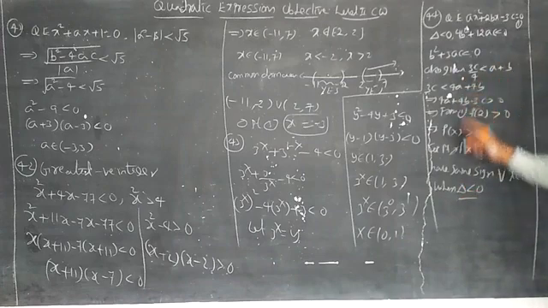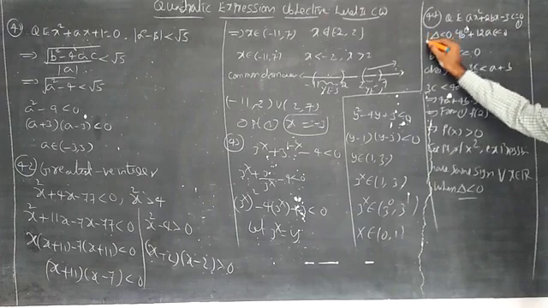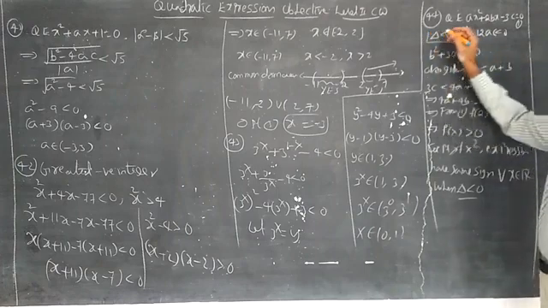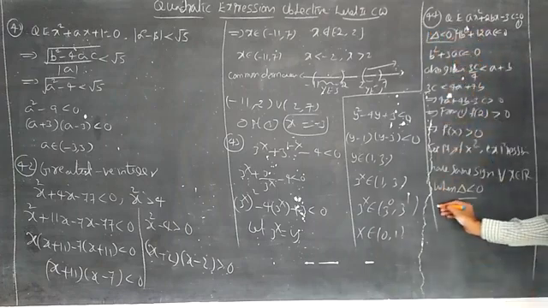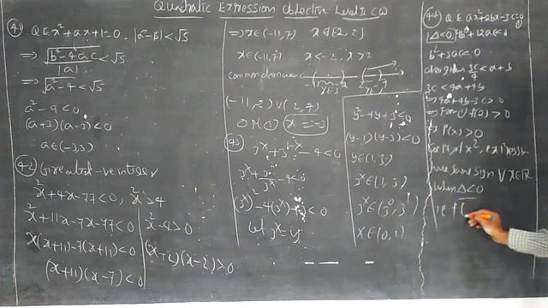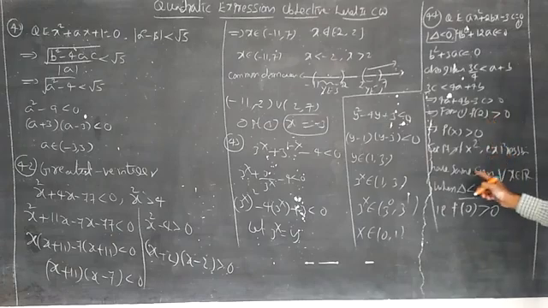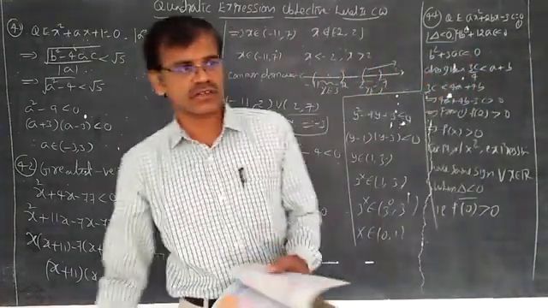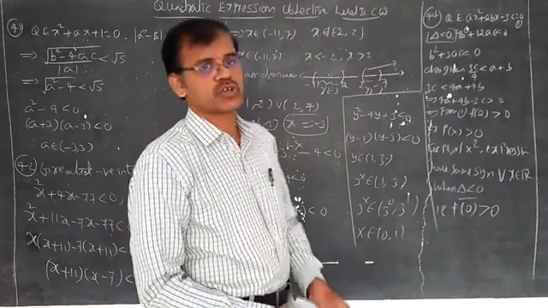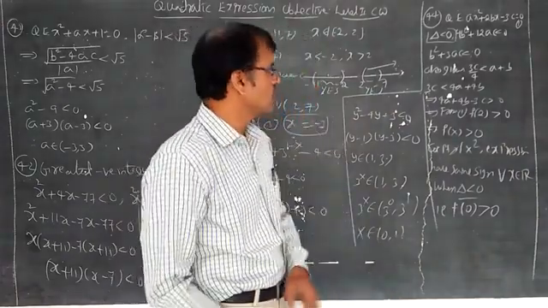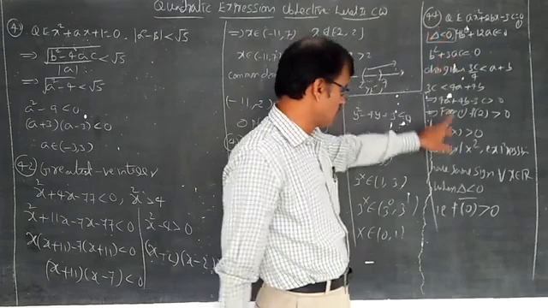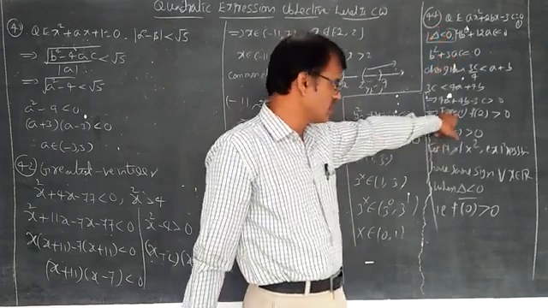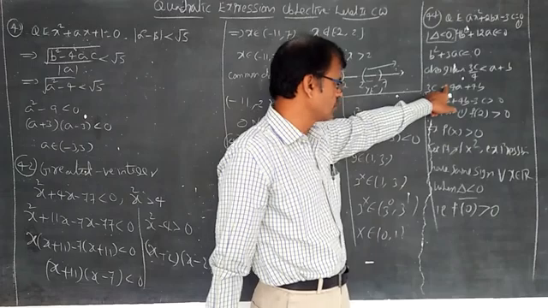Here we got given that delta less than 0, so it is true for all real values. Not only f of 2, f of 0 also greater than 0, because a is positive. He did not discuss about a, so whenever it is not discussed, you should consider it as a positive value only.